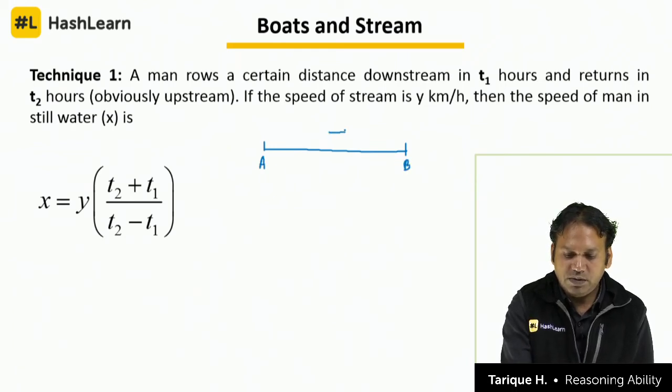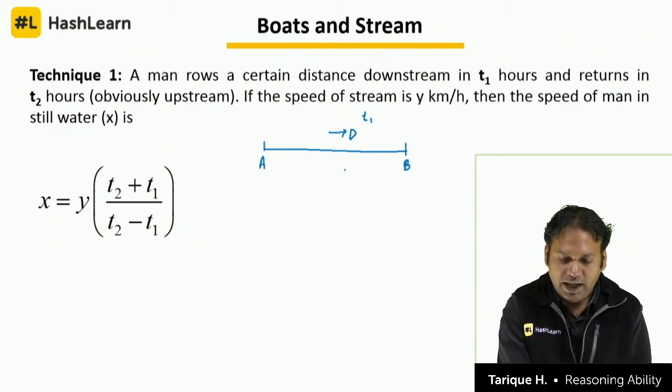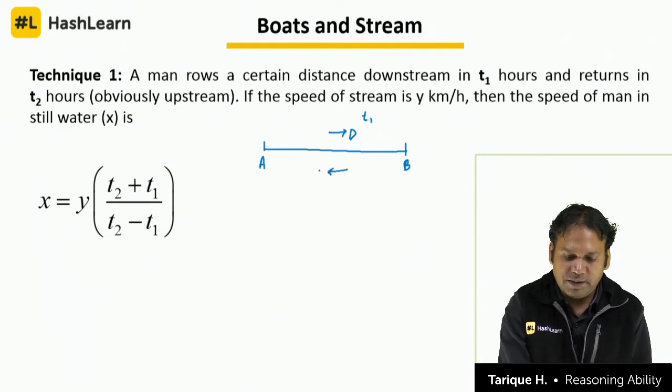So while going downstream, the time is T1. Remember this: downstream is T1, and when he comes back, obviously upstream, the time taken is T2.